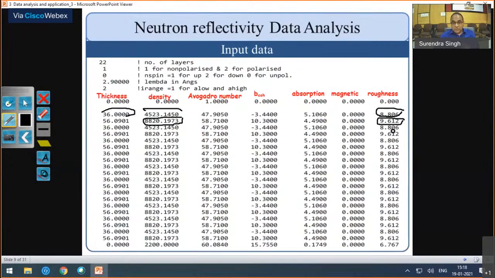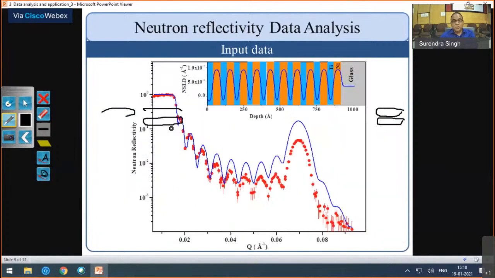So this is what the pattern will look like when these parameters have been changed during the iteration. You can see here, in between the iterations, the Kiessig oscillations are matching.